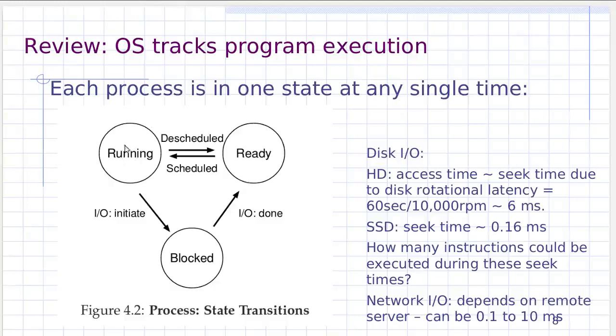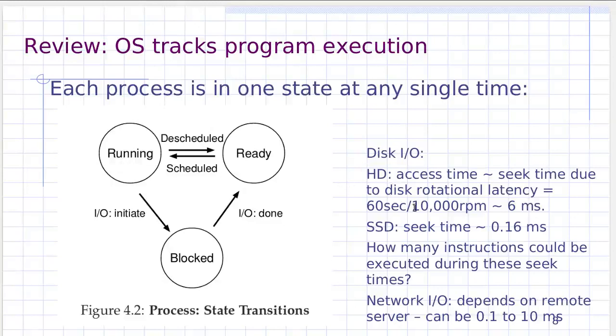If you are running and you have to open up a file on a slow system like the hard drive, then the operating system recognizes that this is going to take a long time. Whenever it has to do disk I/O, the problem is that hard drives, we'll talk about this more later, have an access time, the time needed to find the data it wants to read or write, that depends a lot on the disk rotational latency.